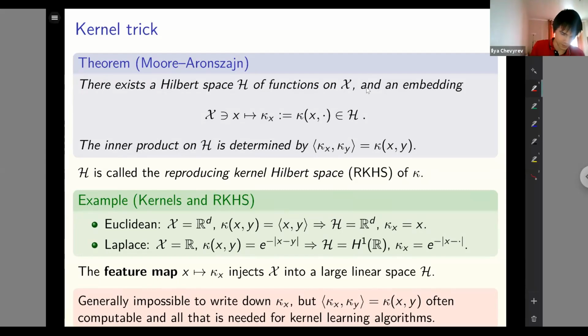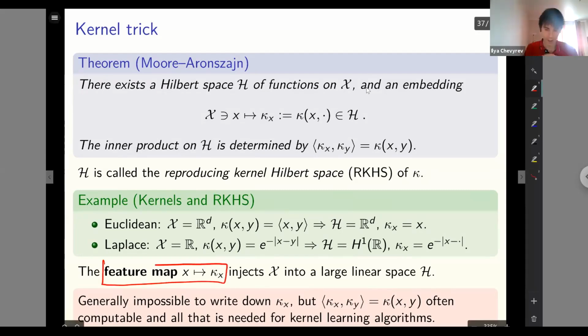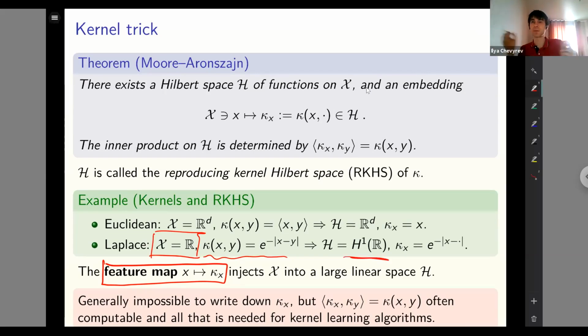The feature map was this map here. For example, it would embed R, if we use the so-called Laplace kernel, into H1, but in a nonlinear way. R is of course a linear space, but in this particular case we're forgetting the linear structure of R and just embedding it into H1 according to this kernel. Okay, so this is where we left off last time.